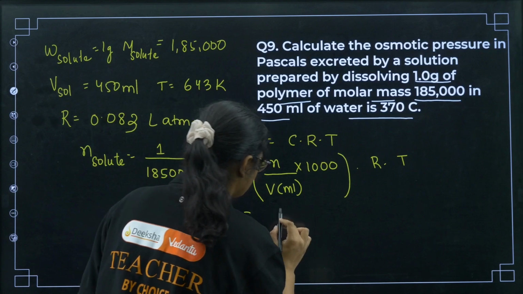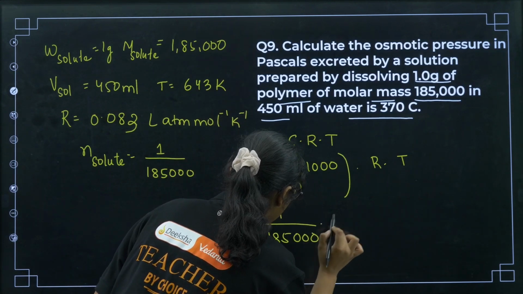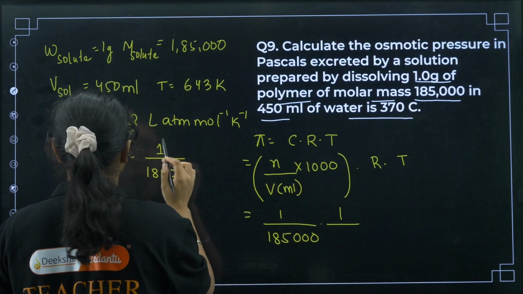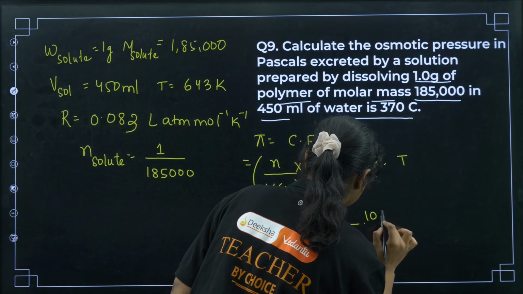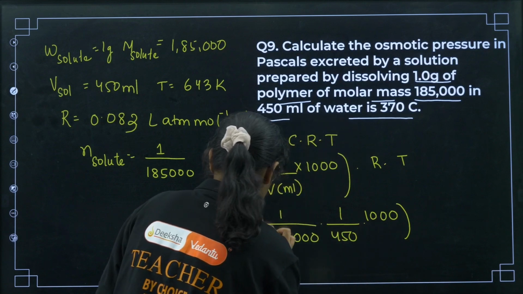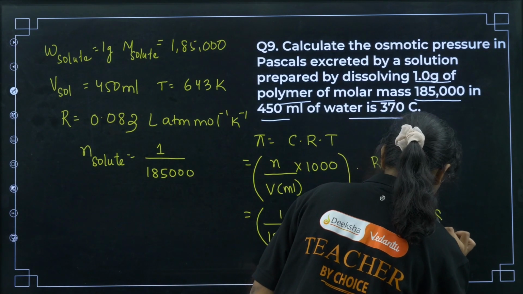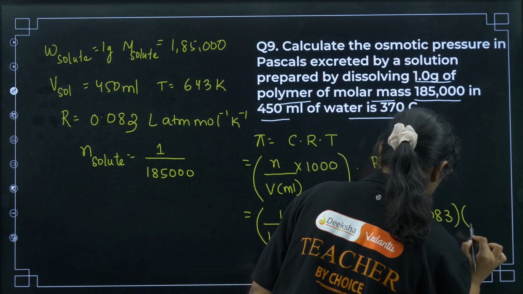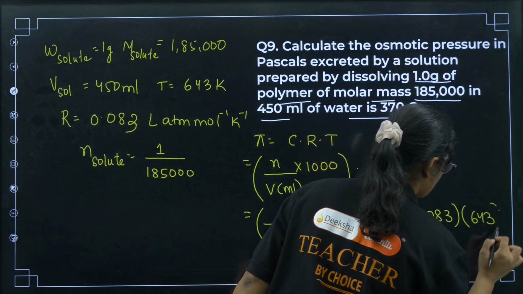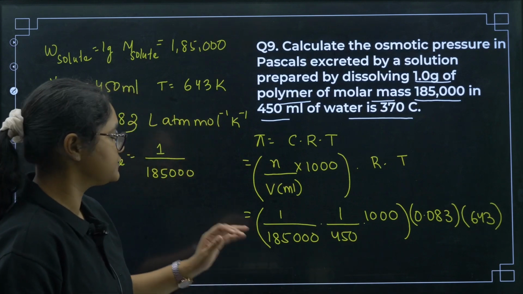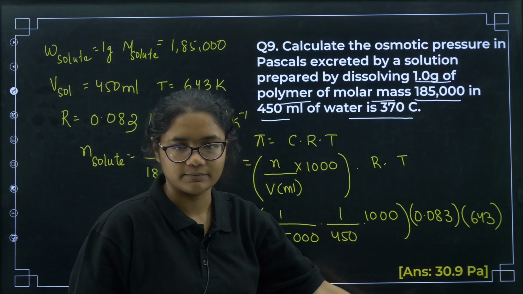So we can put here 1 by 185,000 into 1 by volume, which is 450, into 1000. Now R value is how much? 0.083, and temperature is given to you, 643. Just do this calculation, solve it, and then you will be getting around 30.9 Pascal.